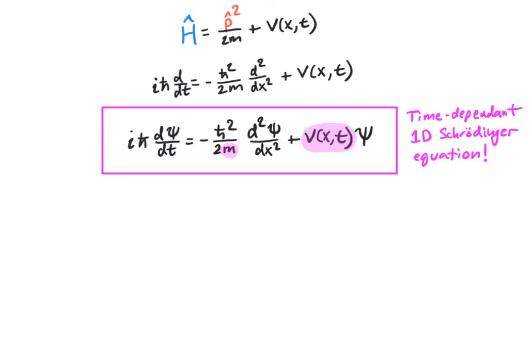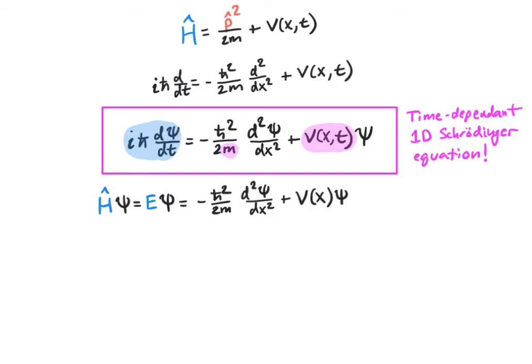If a system is in equilibrium, it means that its energy is constant. And since this left-hand side of our equation can be written as the Hamiltonian operator acting on our wave function, well, the Hamiltonian is the energy operator, and so the Hamiltonian on our wave function should just give us the energy times the wave function.